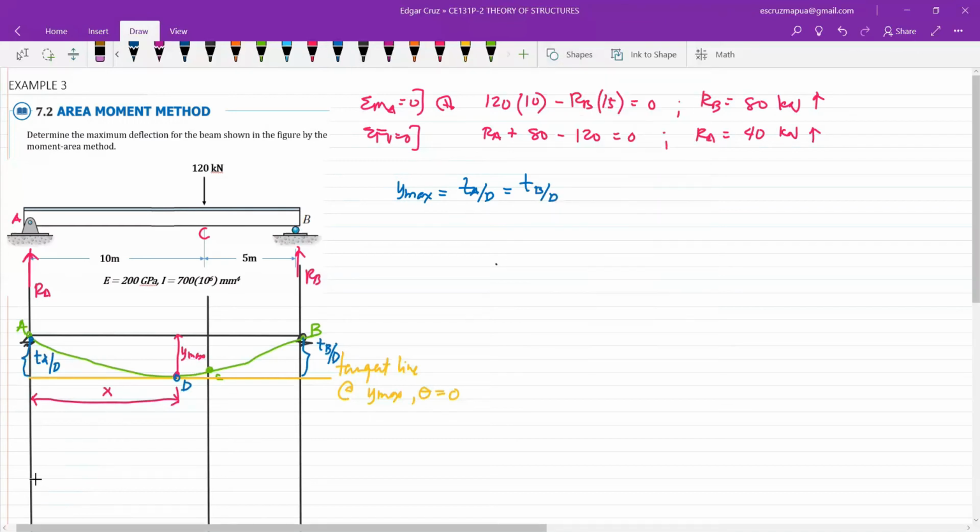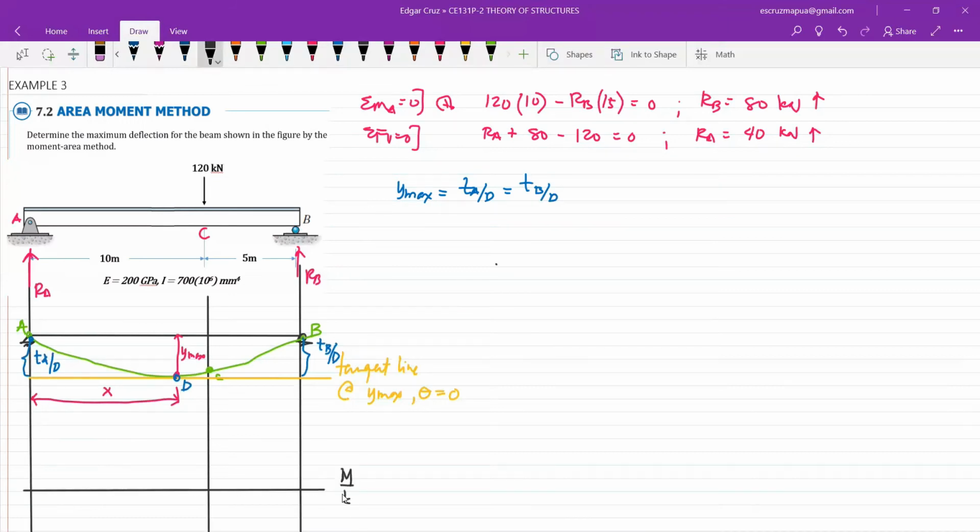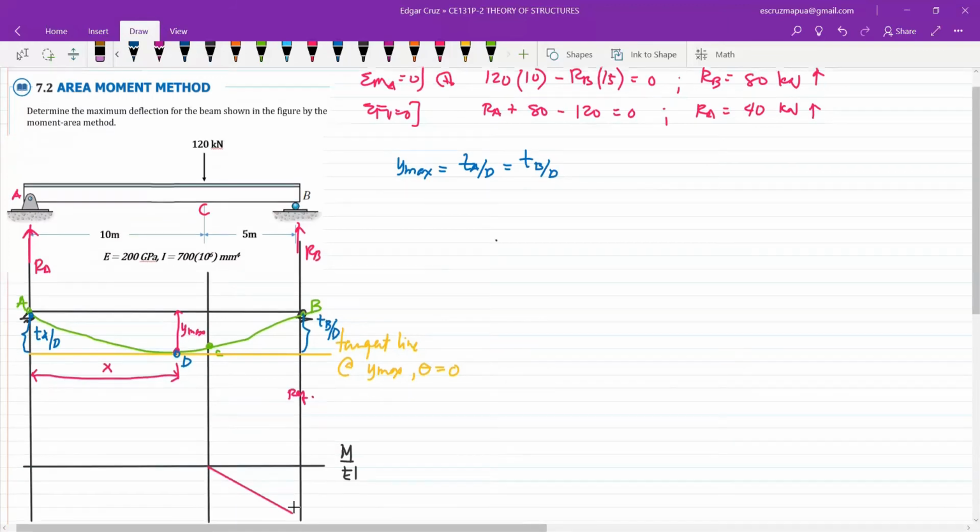If we draw the moment diagram by parts, this is the M over EI diagram. Saan tayo magre-reference? Kung dito tayo magre-reference sa B, our moment diagram by parts is due to 120, dito siya, so mag-create siya ng triangle.